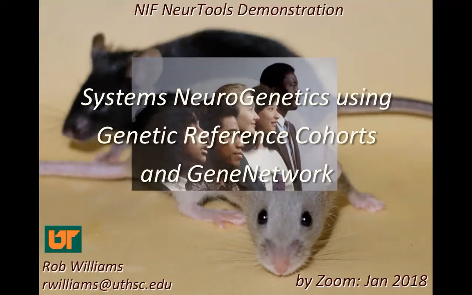Now, of course, there's a European Human Brain Project, but it's important to remember that the NIH, NSF, NASA project got started about a decade and a half before the European initiative, and some good things have come from it. NIF in particular, and Gene Network is the one of course I care about the most.